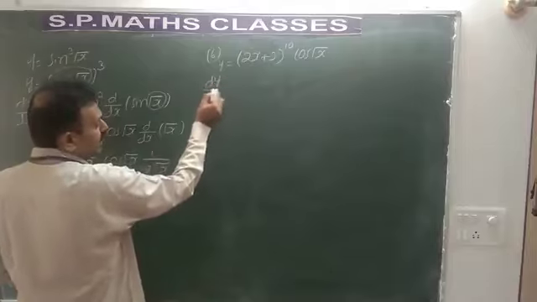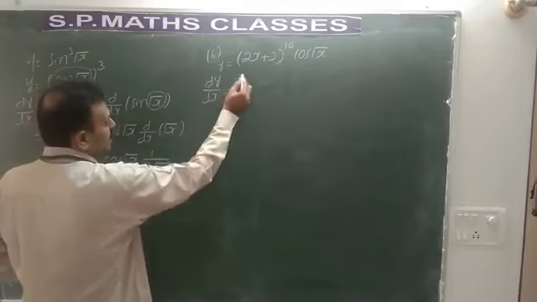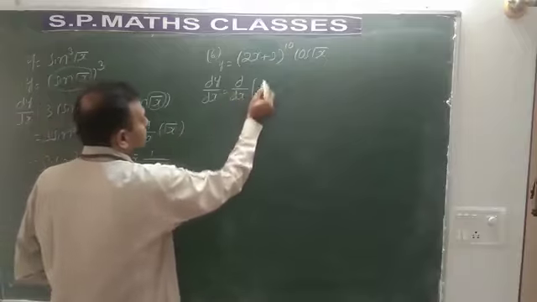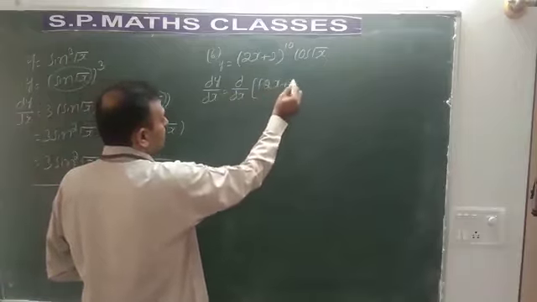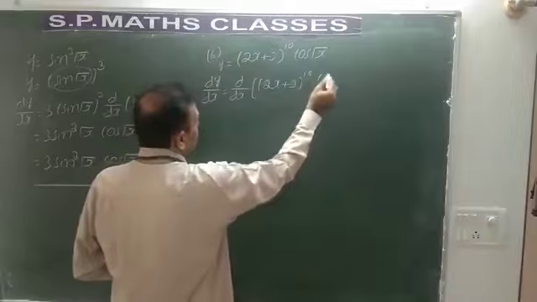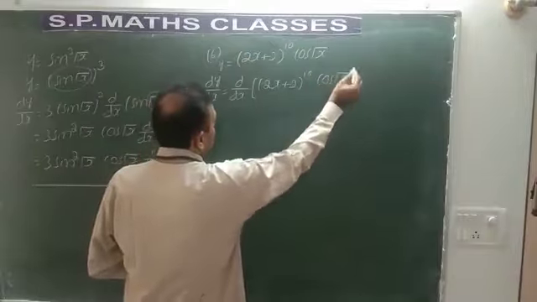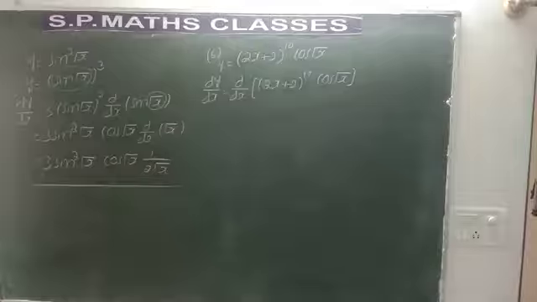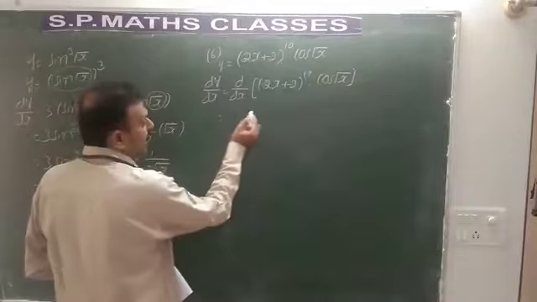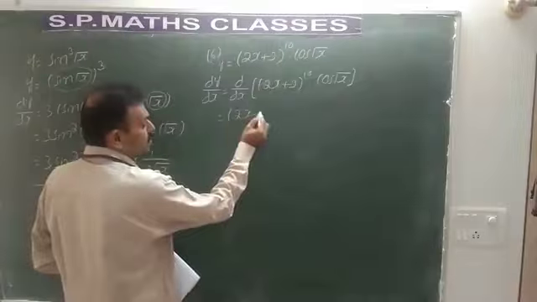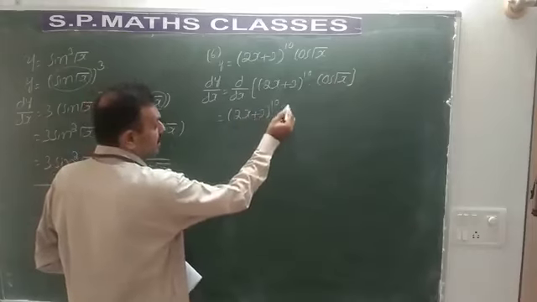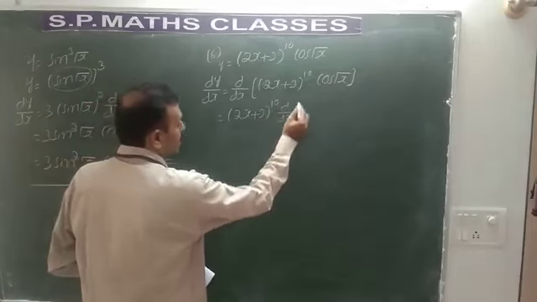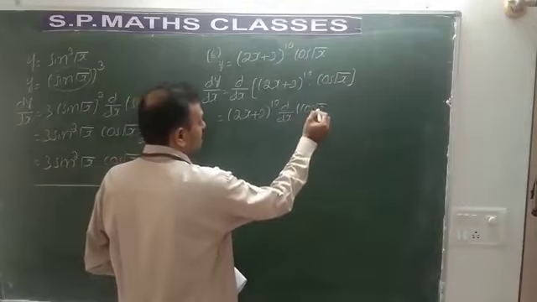To find the derivative dy by dx, d by dx of 2x plus 3 whole power 10 into cos root x, I take. Hope you have understood this. Now we have to apply the product rule. 2x plus 3 power 10 into the derivative of cos root x.